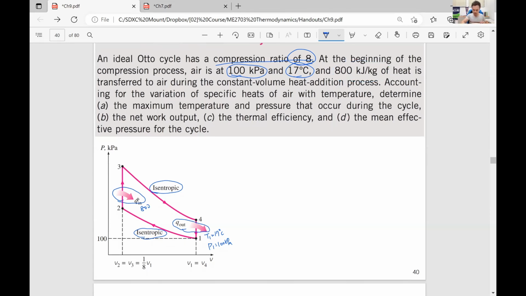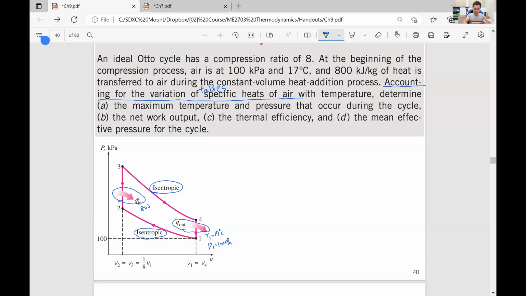There's another thing you need to be aware of, which is here, accounting for the variation of specific heats of air. That means we cannot assume the specific heat is a constant at room temperature. So when you see this, accounting for the variation of specific heats, that means you will need to use tables.